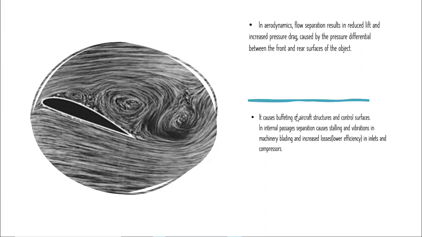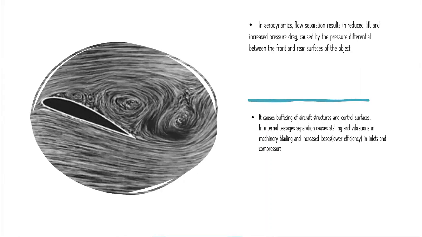So it causes buffeting of aircraft structures and control surfaces, in internal passages of separation until stalling, and causes stalling and vibrations in machinery, and increases losses in inlets and compressors. So one of the biggest disadvantages is due to boundary layer separation. It reduces the lift, and it also gives a chance to stall.